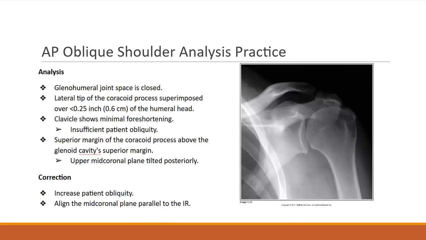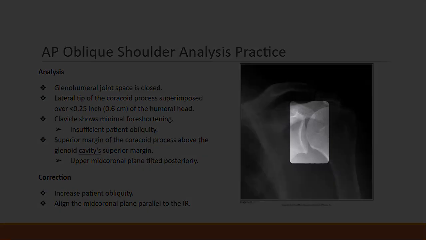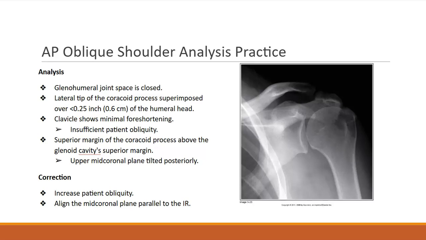So let's take a closer look at this practice analysis together. The first thing we should be looking for is an open glenohumeral joint space, and in this case it is closed. The next anatomic alignment I'm going to look for is where the tip of the coracoid process is.